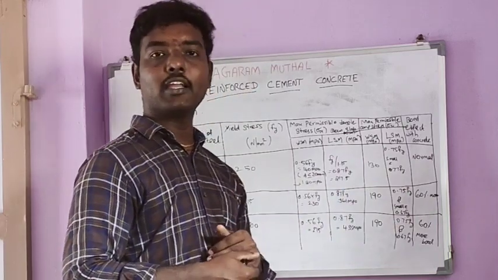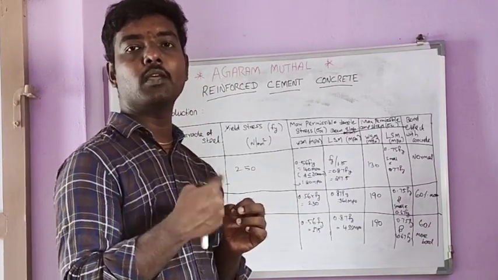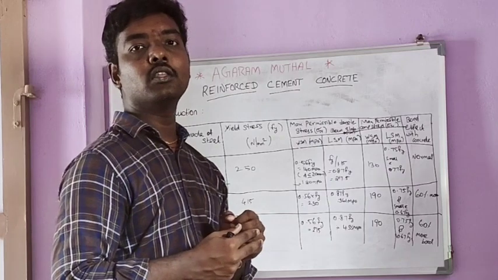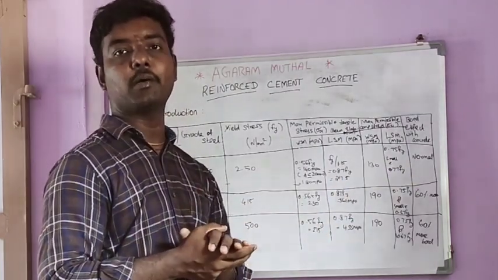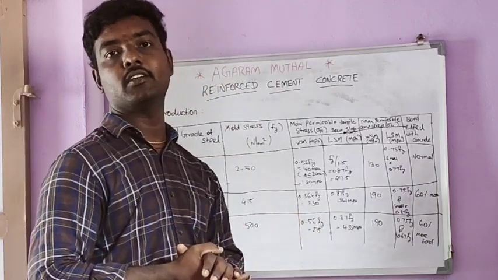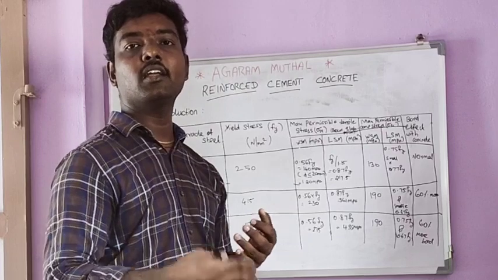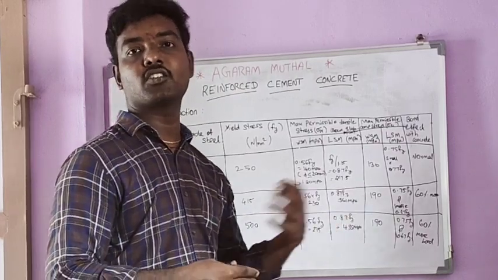And as for the bond, it has some deformed portions around the perimeter of the bar, so the bond strength gets increased by 60%, so 160% of the deformation gets resisted by the bond strength.